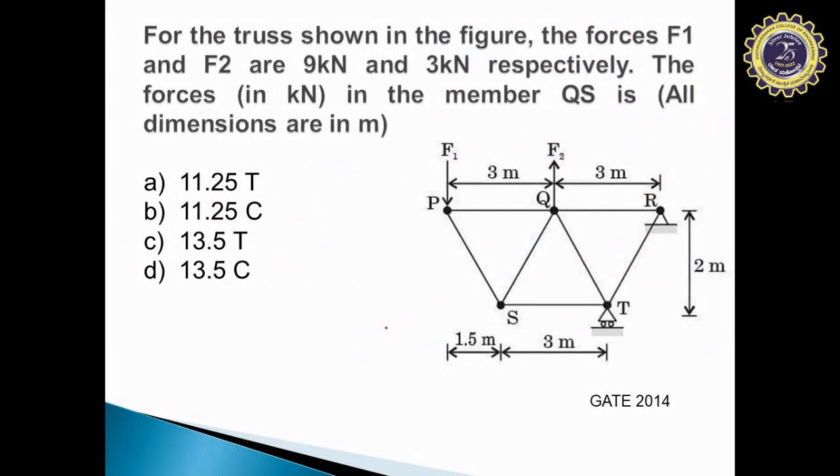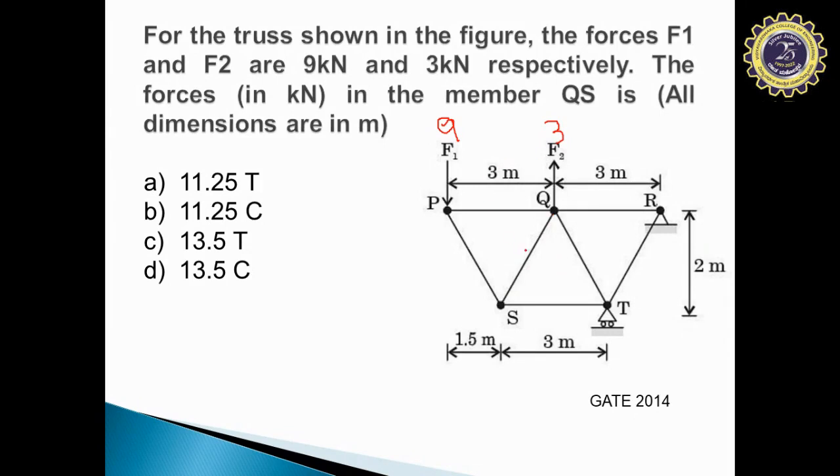For the truss shown in the figure, the forces F1 and F2 are 9 kilonewton and 3 kilonewton respectively. So this is 9, this is 3. The force in the member QS is to be found. So where is the member QS? QS is here.